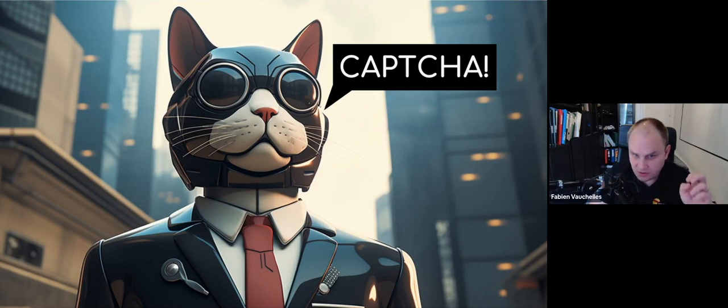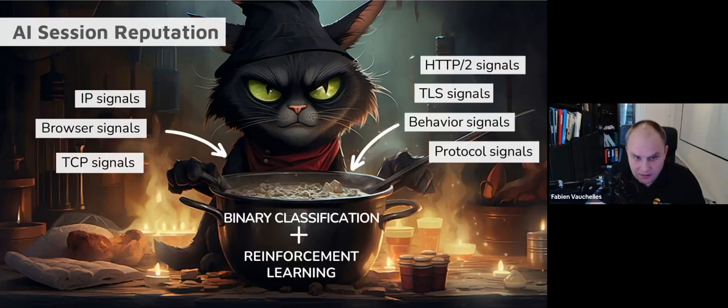So the antibot pushes a captcha or perhaps directly blocks us. And all these signals are combined together to generate binary classification scores. Algorithms blend everything and use machine learning techniques to rate the browser sessions. And to improve and adapt over time, they can use reinforcement algorithms like CatBoost.